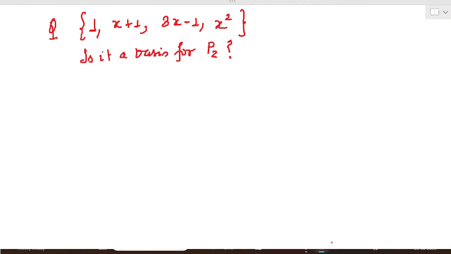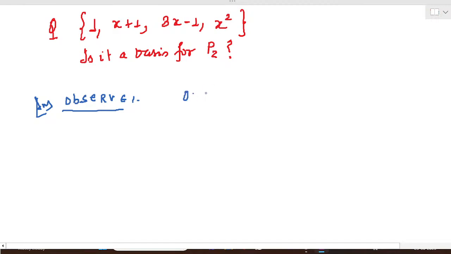So I'm just giving you a quick observation. At times you have to observe. See, I can take 0 times x square. Forget about this, just think about these linear terms.